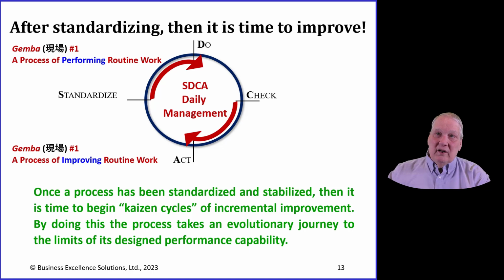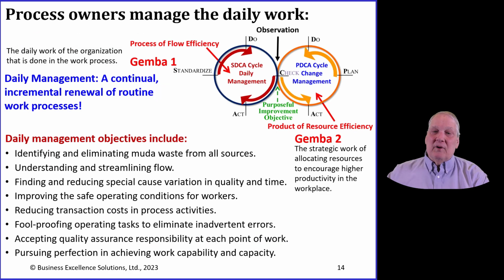So we start with a lenient standard, and as we go through this, we keep ratcheting up, adding to and increasing the level of performance of that particular process. So as we look at this, the daily management system moves from Gemba 1 into Gemba 2 as we start saying, we have projects that need to be done, more strategic work.